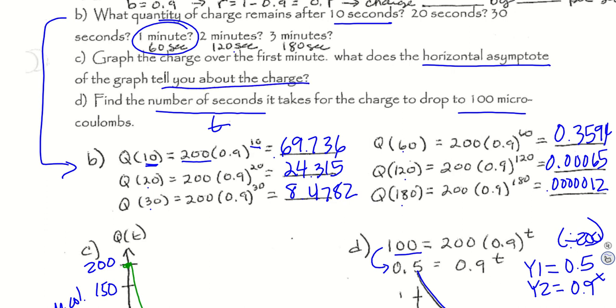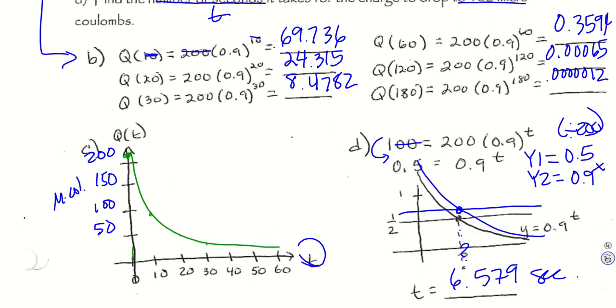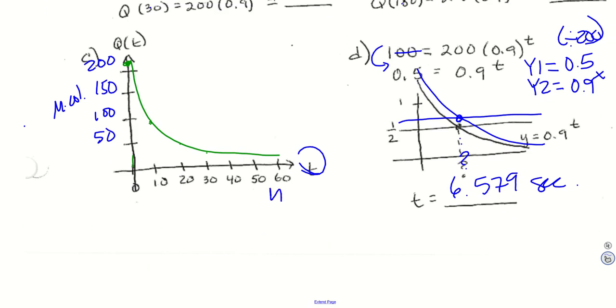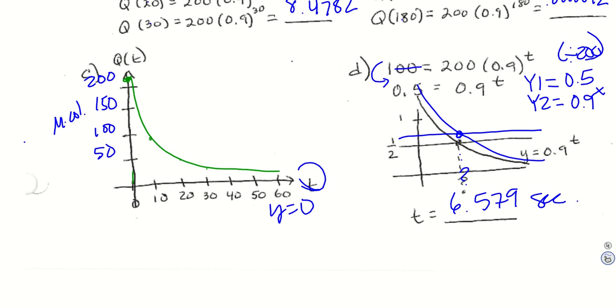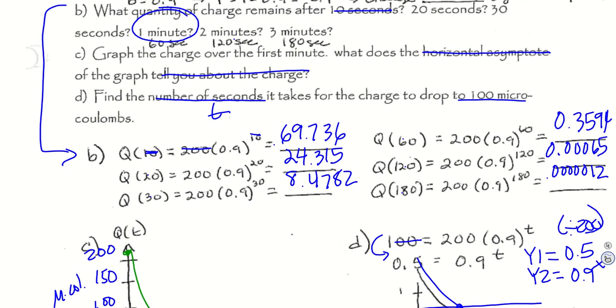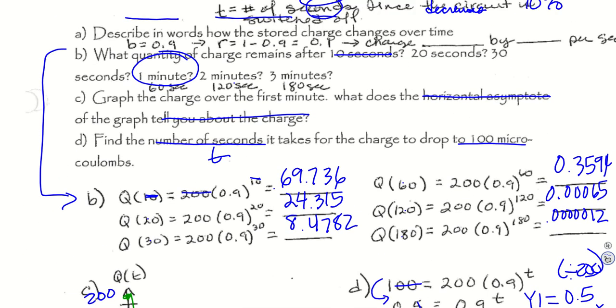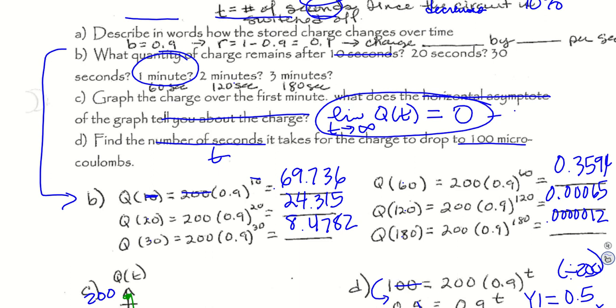Well, this horizontal asymptote, as we would expect for an exponential function, is at y equals 0. 0 is a constant, so where we have a horizontal asymptote, we have a limit, and we know that the limit of our charge as t goes to infinity will equal the location of that horizontal asymptote. So that tells us that the charge approaches 0.